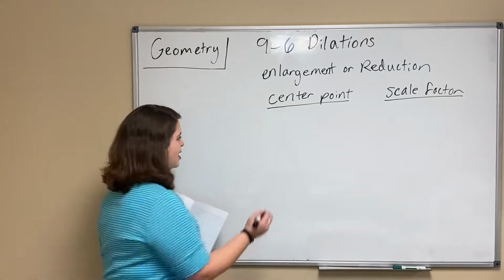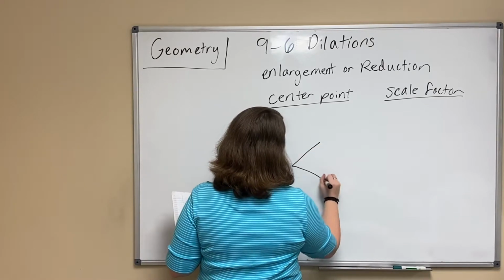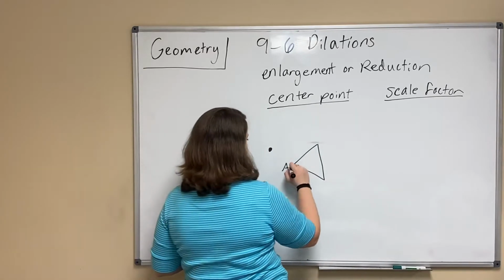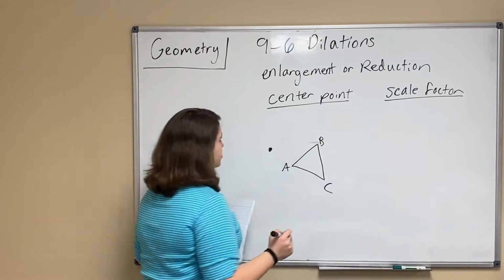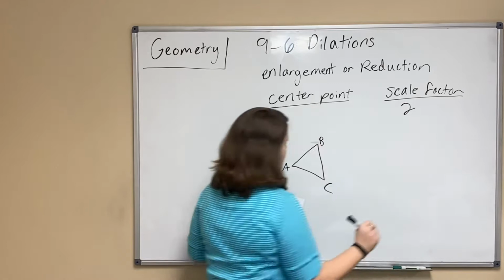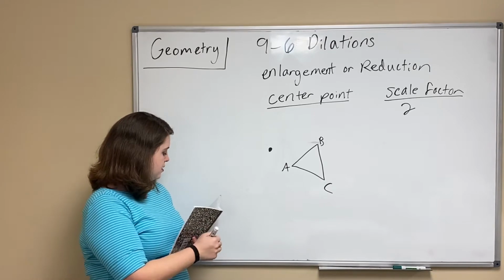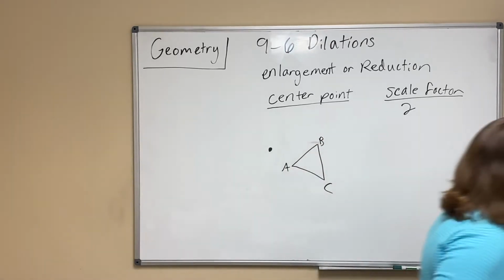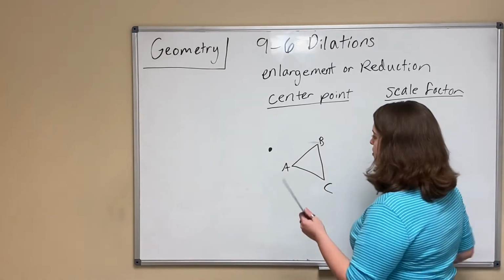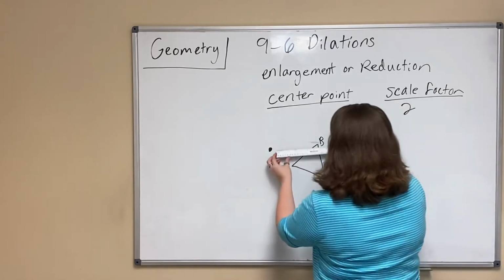So what's going to happen is they'll say, here's your center point, here's a triangle, and I want you to enlarge this triangle by a scale factor of 2. So I'm going to take my ruler and draw a line from my center point to the point in the shape.